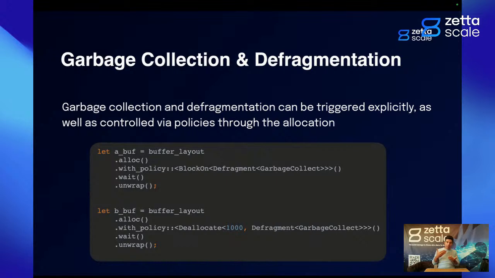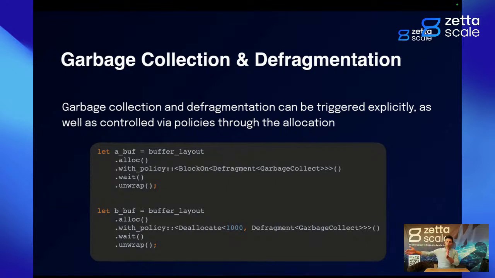And by the way, you can wait synchronously or wait through await, so in the future. So you can do asynchronous programming also with our allocators, just because there are these potentially time-consuming tasks that you might need to undertake. You can also say, look, deallocate the first 1000 slots, and if you can allocate, return immediately.